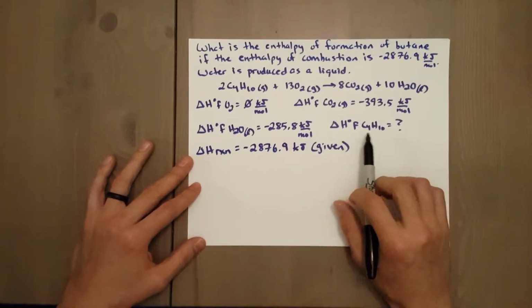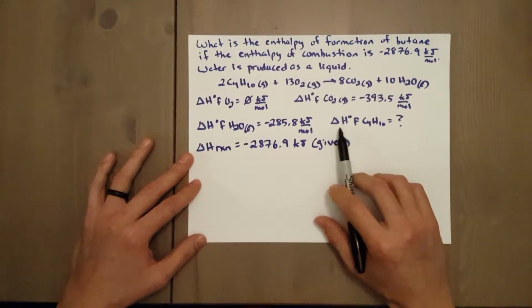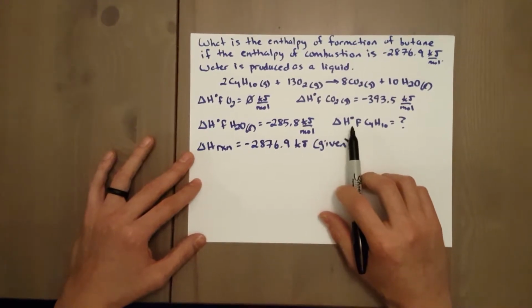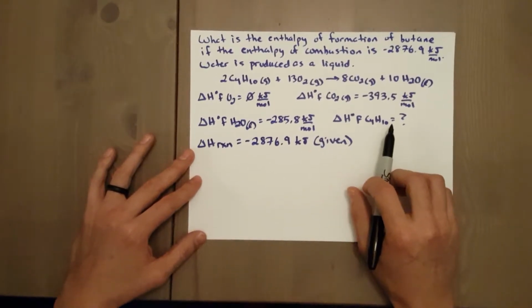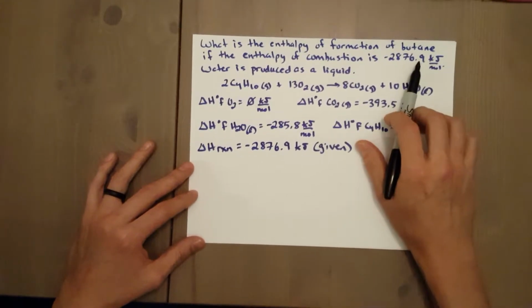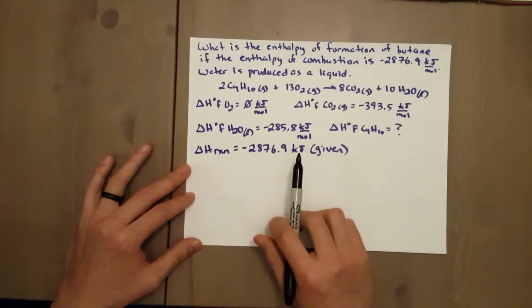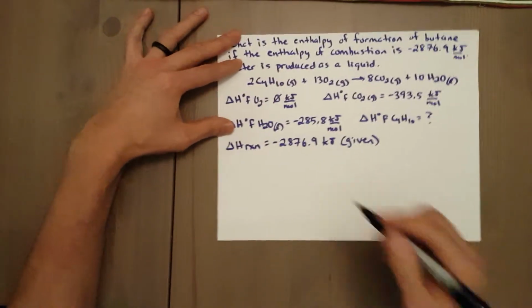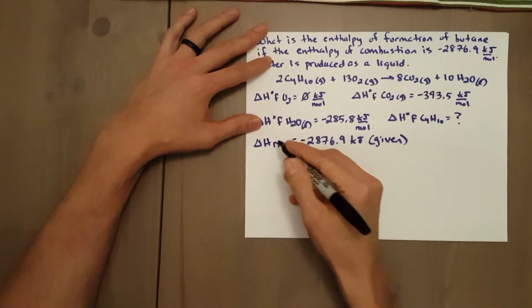And what is the question being asked? The question being asked is the standard heat of formation of butane. It does give you the enthalpy of combustion of the entire reaction, so we've written that down as our given. So we continue with our formula.